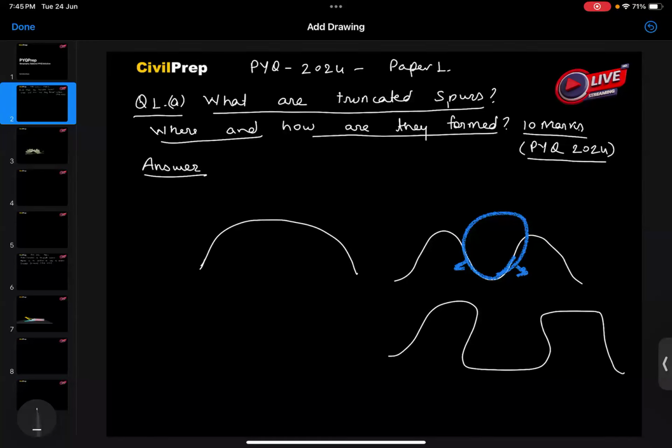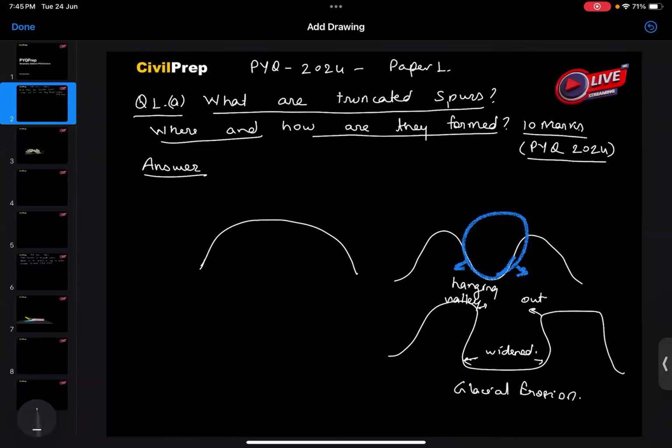Here we see that these two valleys are coming out, and therefore they are also called hanging valleys. The base here is getting widened, and this is happening because of glacial erosion.